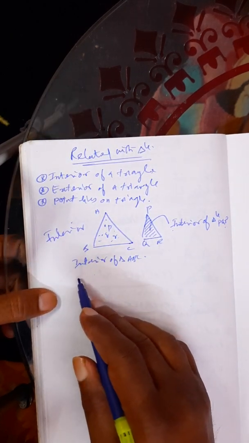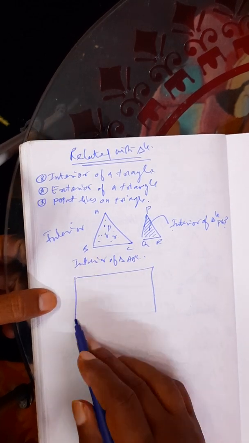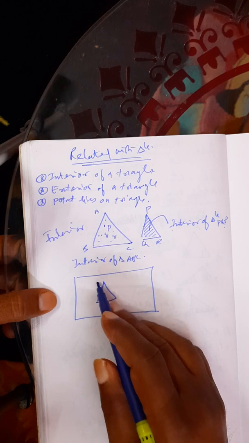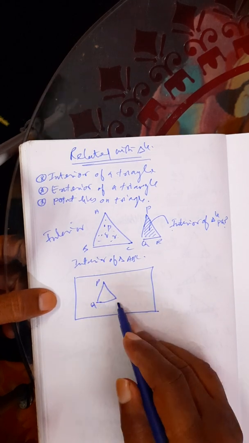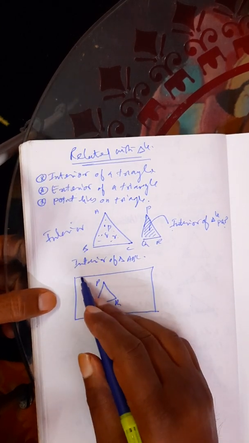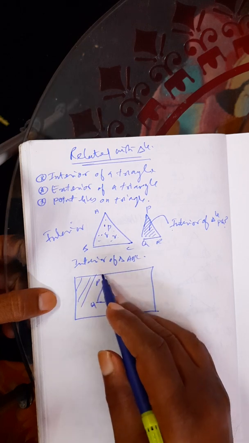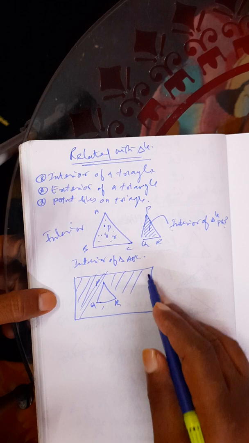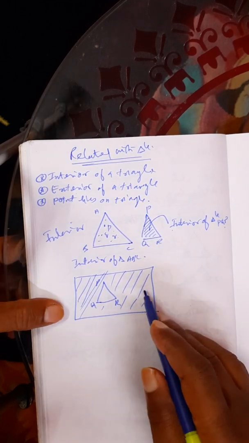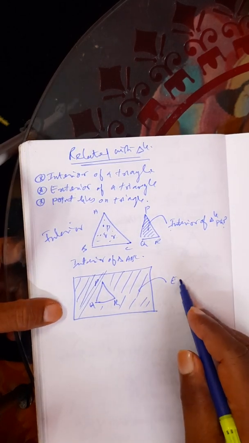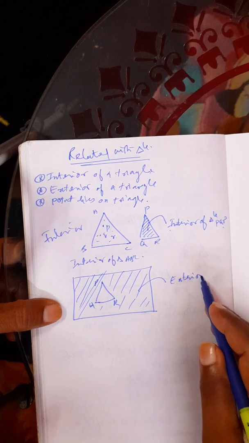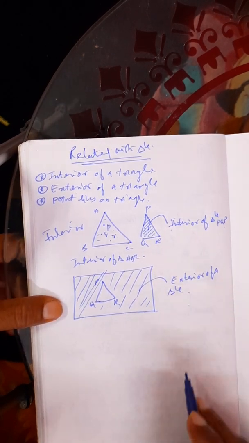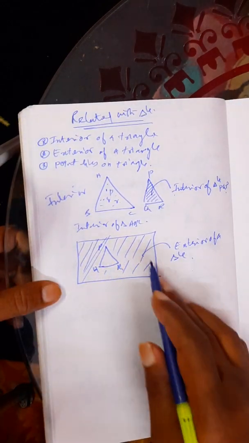If we are taking a plane with a triangle PQR, this outside shaded region is called the exterior of a triangle, the outside part.